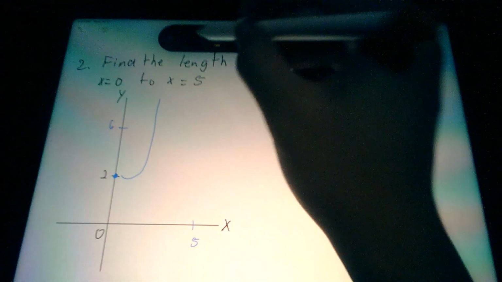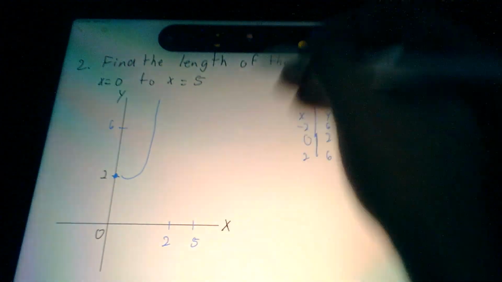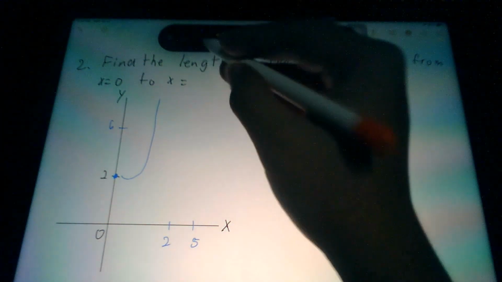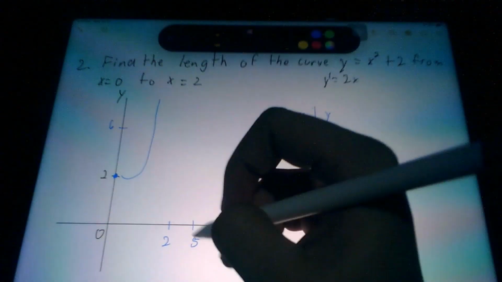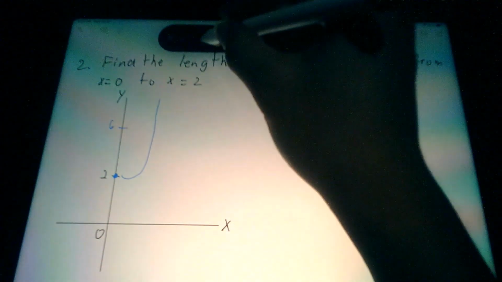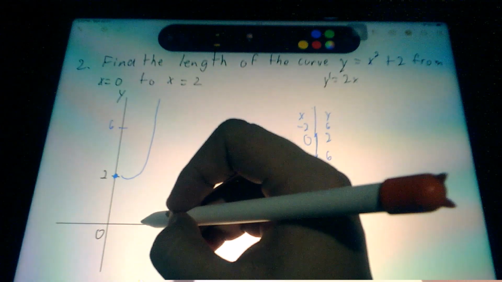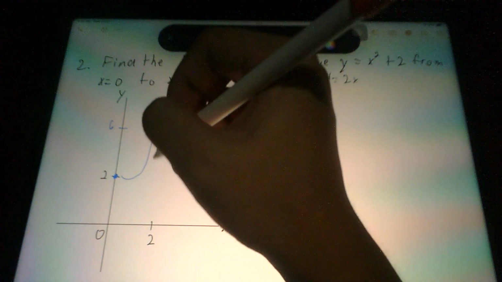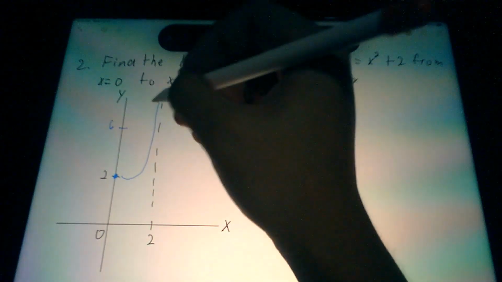Let me make it bigger here. Oh no, let's change our x. If x equals 2, our point here is 2. So this is the area that we need to solve.